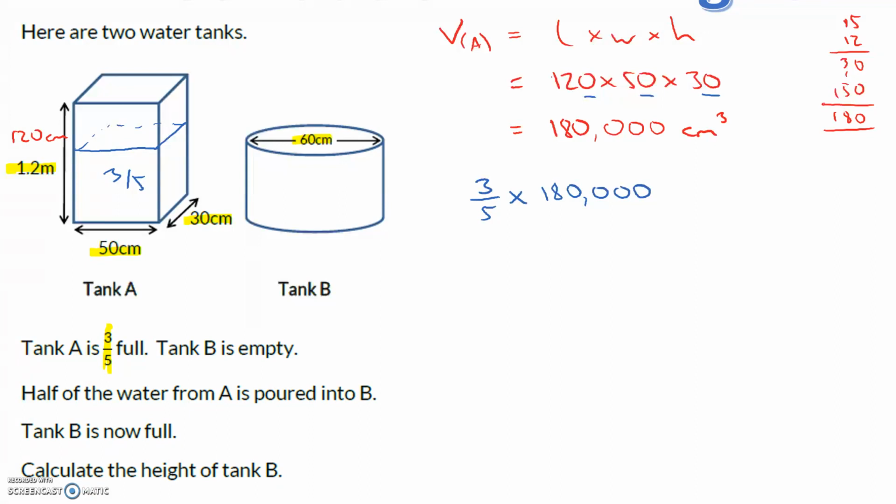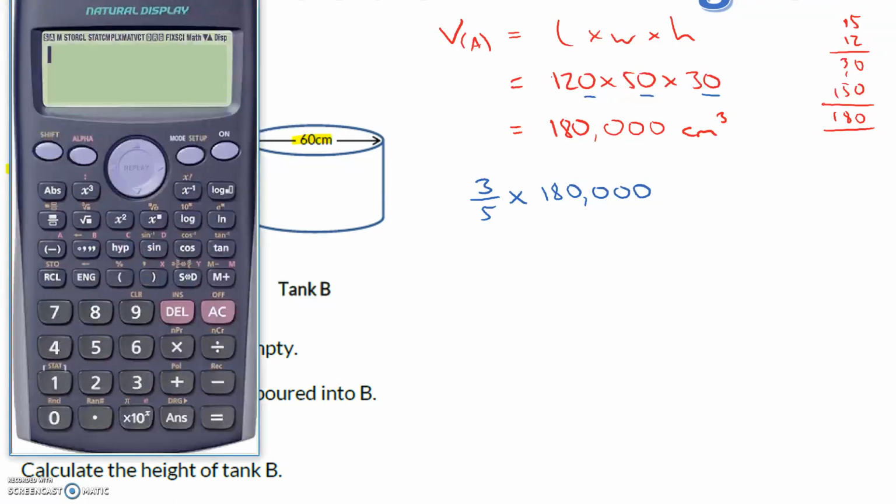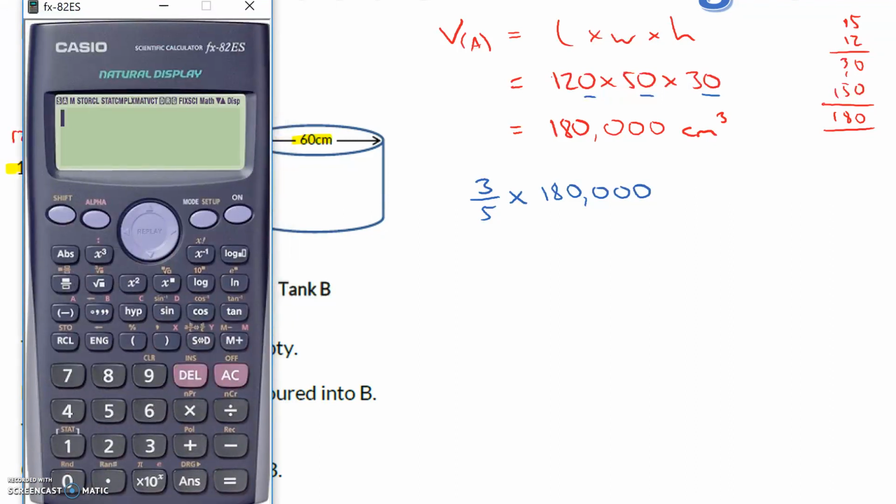We could do this in our heads as well, or with some long division and multiplication techniques. But it is a calculator paper. So we could do 3/5, and personally I wouldn't put that in a fraction, I'd do 3 divided by 5, but let's make it look exactly like it is there. 3/5 times 180,000.